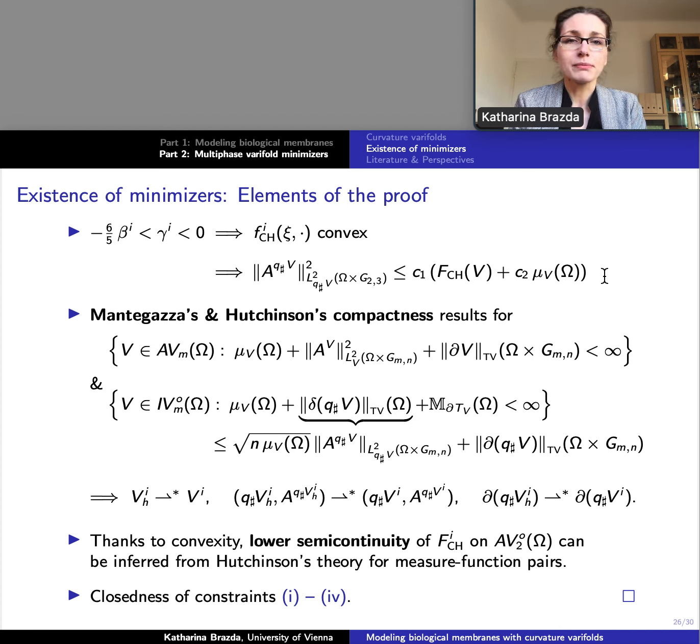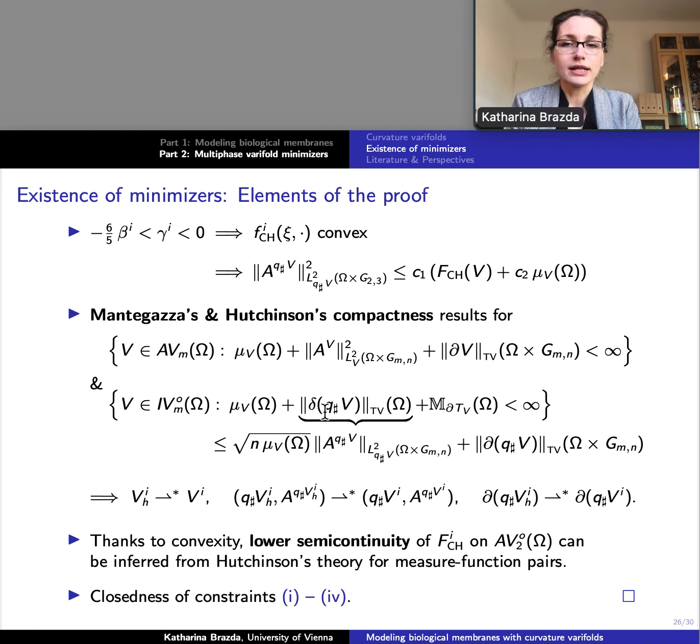Next one employs the compactness results by Mantegazza for curvature varifolds and by Hutchinson for oriented varifolds to show convergence of a subsequence of a minimizing sequence VI of admissible varifolds.